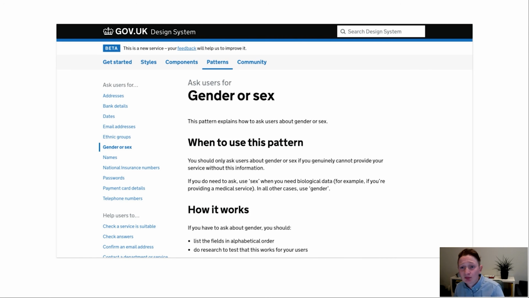It's extremely clear, it's super accessible, and still manages, in my opinion, to be aesthetically pleasant and elegant. And it also contains publicly available style guides, components, and patterns that you can reference if you want to do things like asking people about their ethnicity, asking people about their gender and sex, building fields for collecting information about addresses, names, etc.